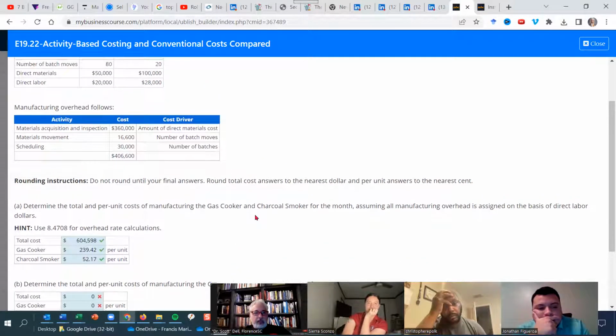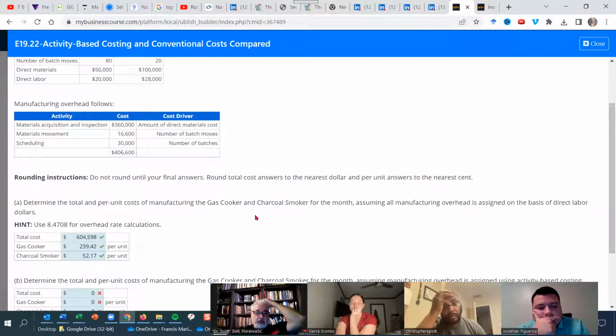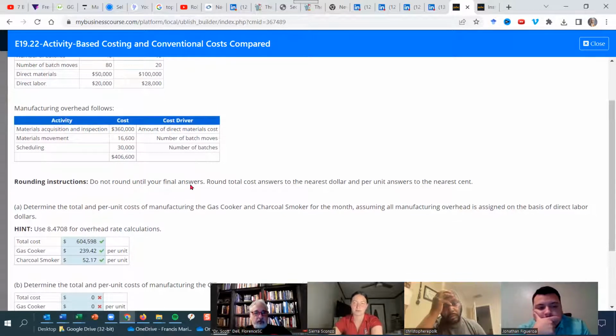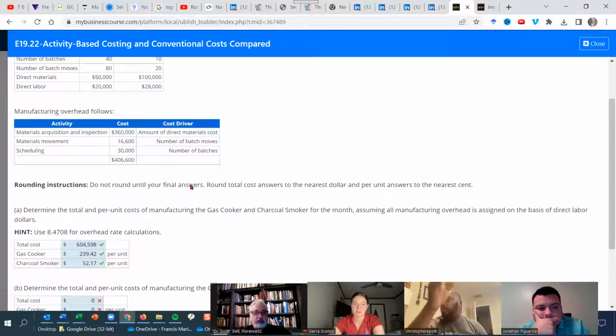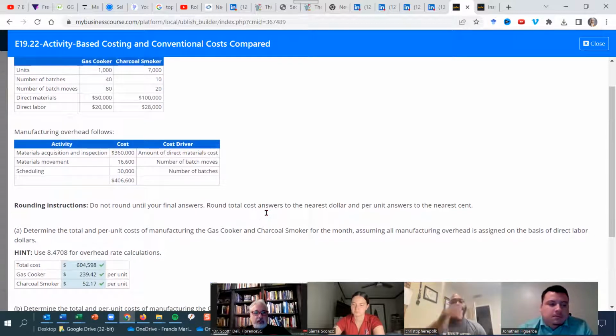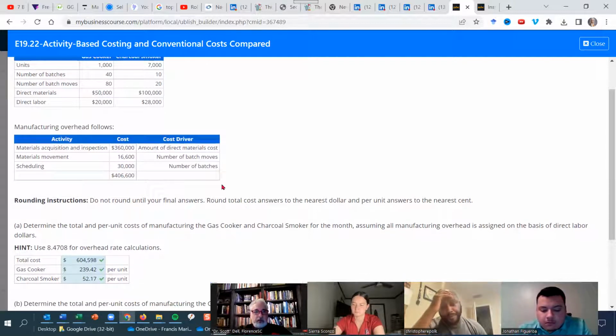Keep me honest. Now, the other way to do that is if you're looking at the activity costs here. So materials acquisition inspection, $360,000. So we've got a total of 406,600. So if I take that 406,600, what's my total labor cost here? I've got $48,000.